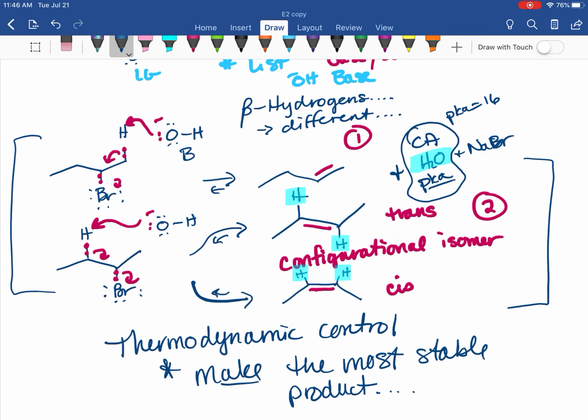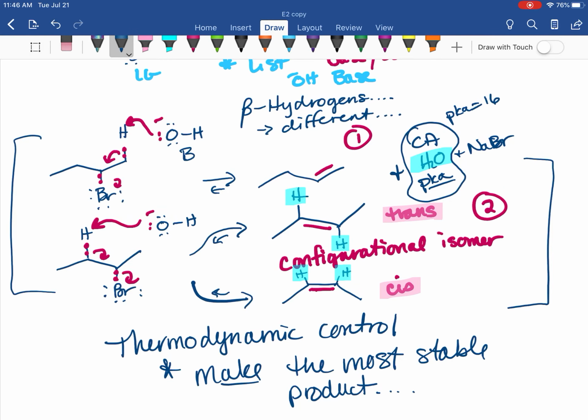Because Mother Nature is letting you go back and forth, you'll always end up with the most stable product. So out of all three of these, let's figure out which one is the most stable.